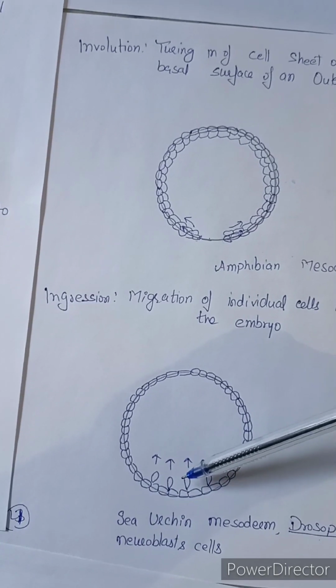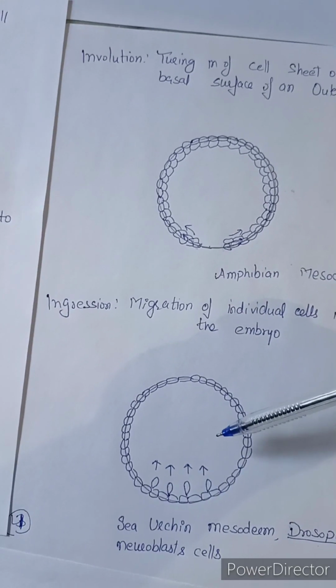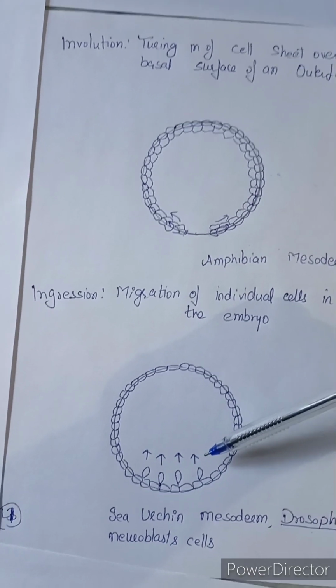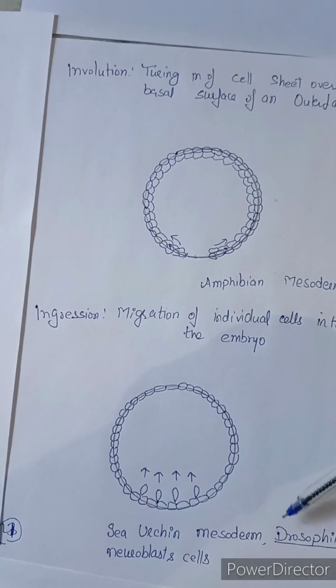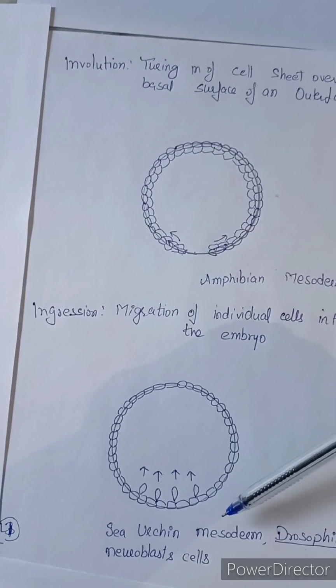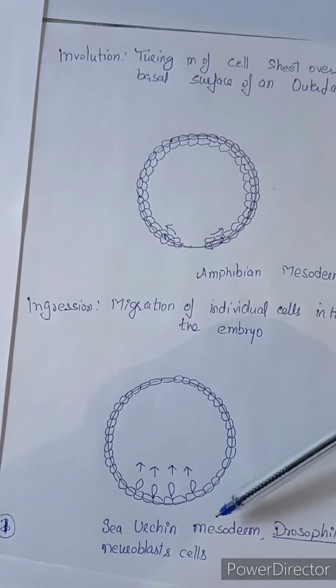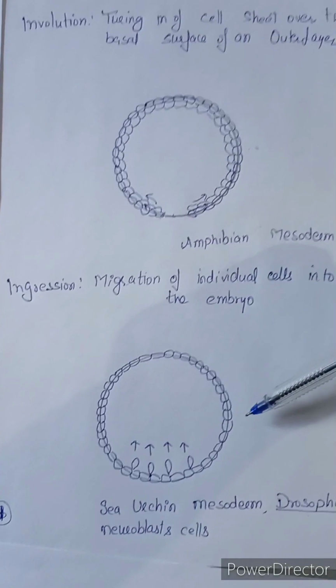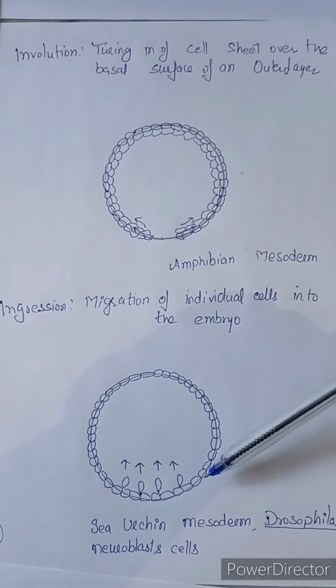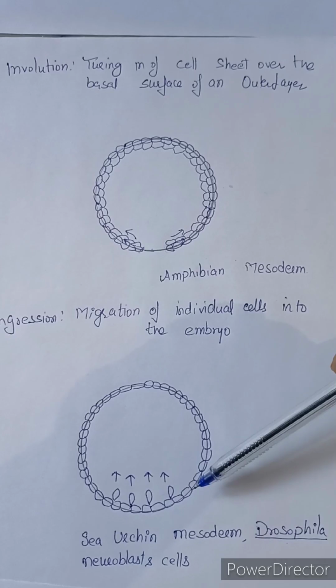Individual cells get detached and ultimately move toward their final destination, and this kind of cell movement is shown in the sea urchin mesoderm, and Drosophila melanogaster neuroblast cell, right? And during the brain formation of the fruit fly, this kind of cell movement is there, which is known as ingression. Here individual cells get detached and finally movement is there toward their final destination.